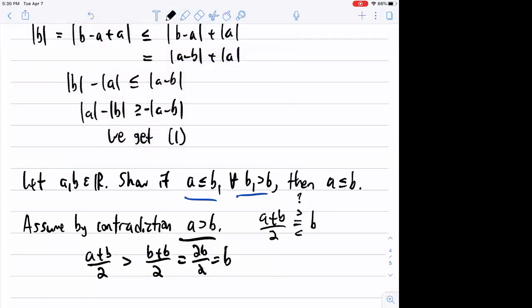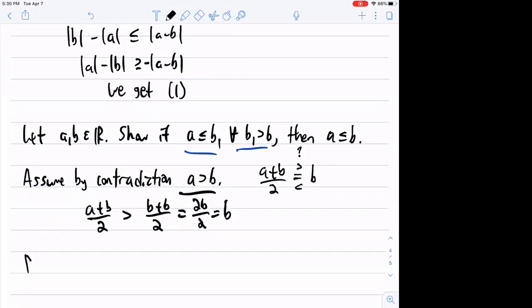So by assumption, a is smaller than or equal to a plus b over 2. So why is this an issue?